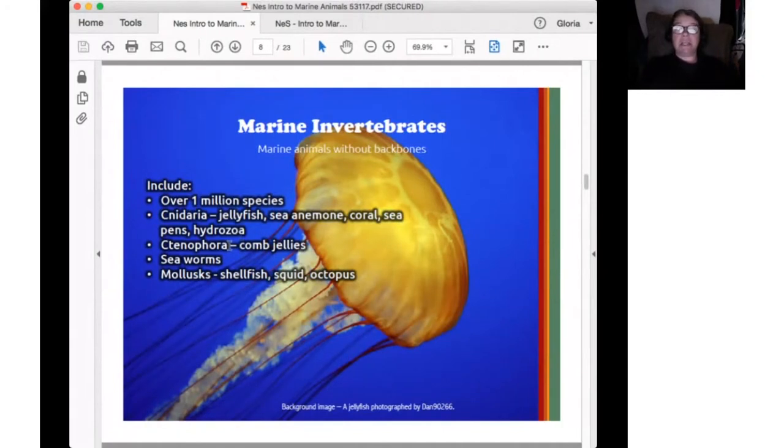And they actually have these interesting comb-like hairs that vibrate back and forth. It helps them move through the water. And also it captures light, and it looks like rainbow colors all along their bodies. They're really fascinating. Sea worms, such as the Christmas tree worm, which are fascinating. Mollusks, such as shellfish, squid, and octopus.